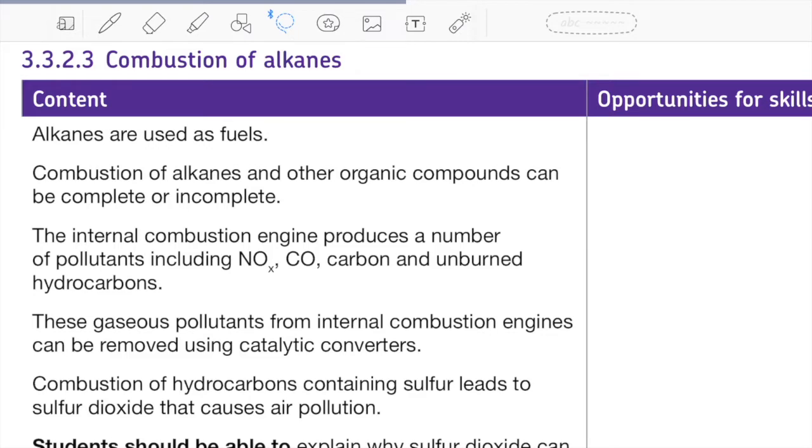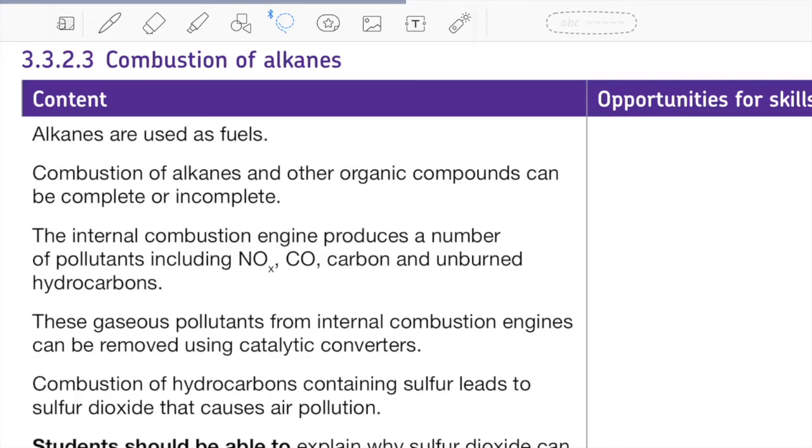So we're looking at alkanes as fuels. The reason they're useful is because their combustion is very exothermic, so a lot of energy is released, and it can be transferred and used in a useful way.